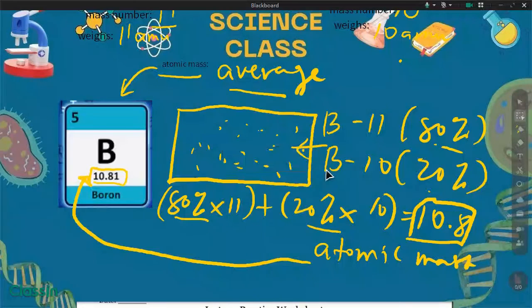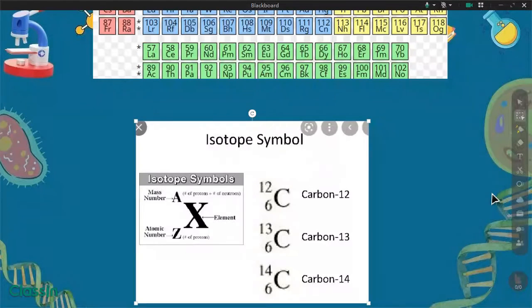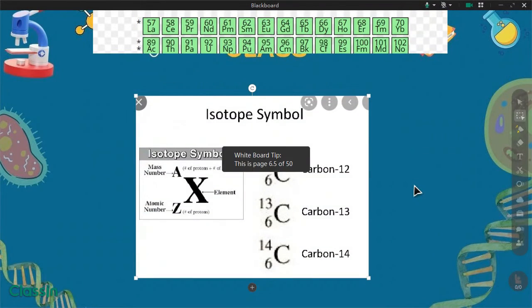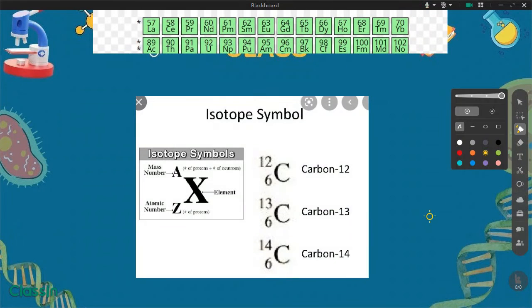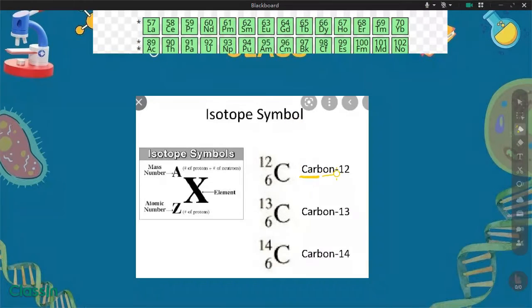Right, so that is your atomic mass. Now how are you going to write an isotope and how are we going to use the number and the symbol of isotopes? Look at this example. We got carbon 12, carbon 13, and carbon 14. That means carbon 12 has a mass number of 12, carbon 13 has a mass number of 13, and carbon 14 has a mass number of 14.